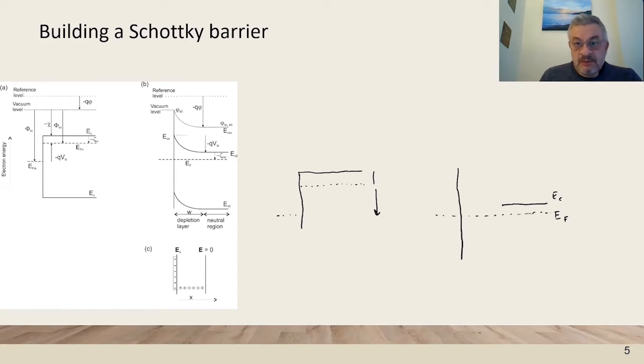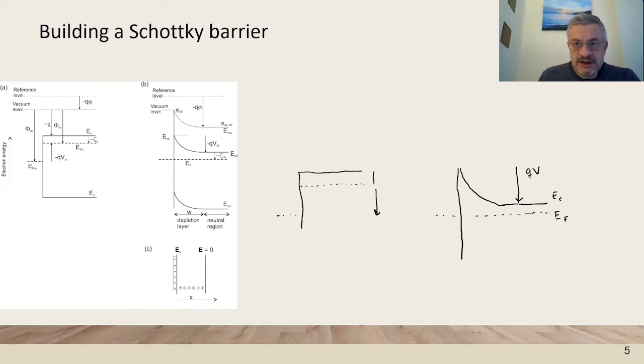But it has to come down by making a surface depletion layer with band bending, so that there is this band bending. And the region that it has come down equals the height of the barrier.